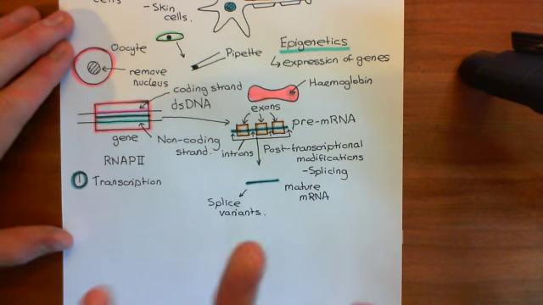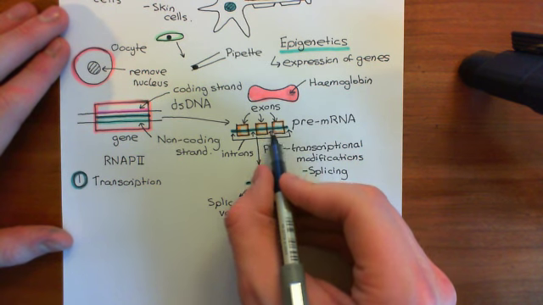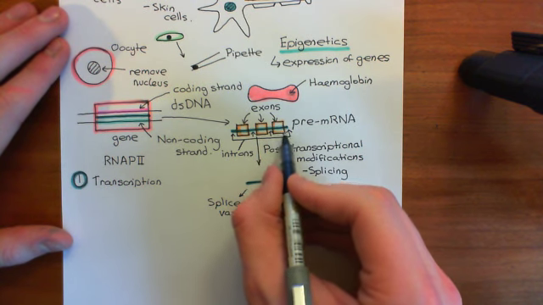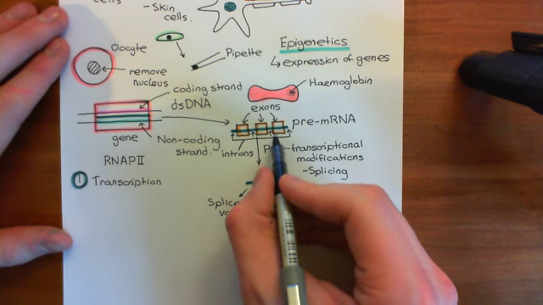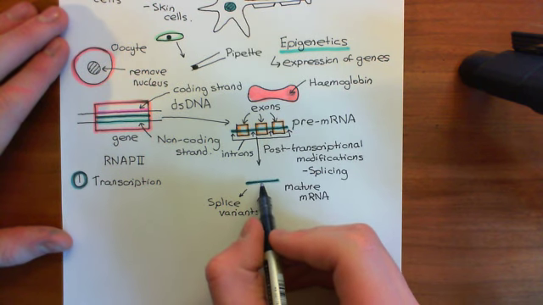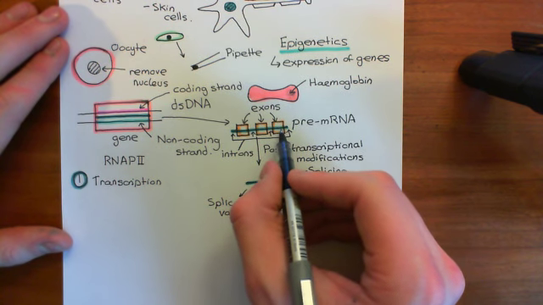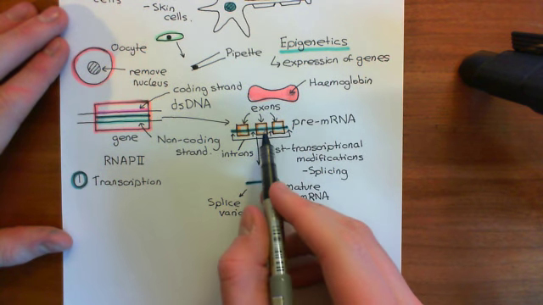To give a very easy to understand example of this, imagine that one of these exons, let's say this exon right at the end here, is not compulsory. Imagine instead that it's an optional exon. So you can either include it in the mature mRNA or you don't have to include it. That gives you two options for how you can splice this.